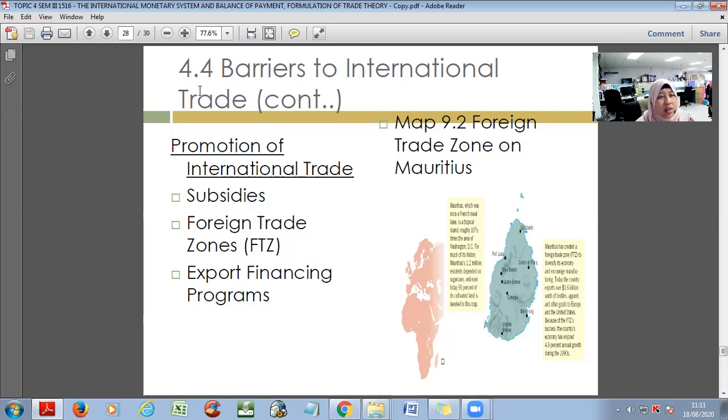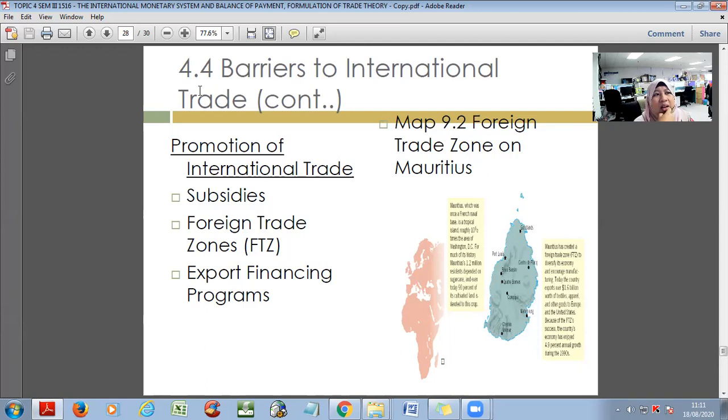If you cannot recognize this, maybe I can give an example like the borders between Kalimantan and Sarawak. They do have some tariff treatment on that. And in Malaysia itself, we have Langkawi Island, Pulau Langkawi. For those who are buying products in there, they also have the preferential tariff treatment.